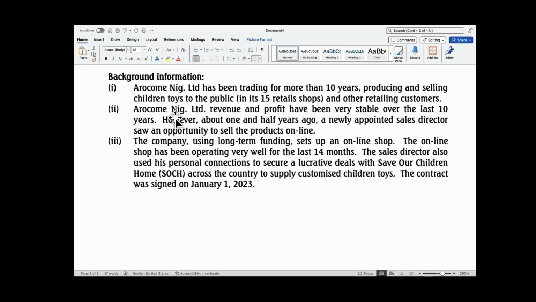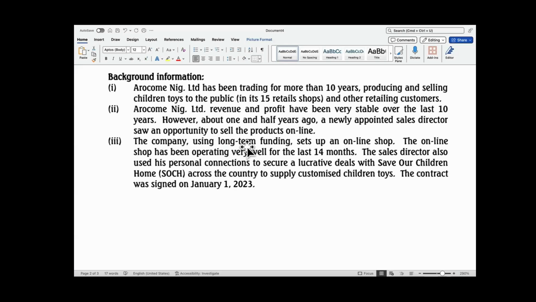They also said Agrocom Nigeria Limited revenue and profits have been very stable over the last 10 years. However, about 1.5 years ago, a newly appointed sales director saw an opportunity to sell the products online. The company, using long-term funding, then set up an online shop.